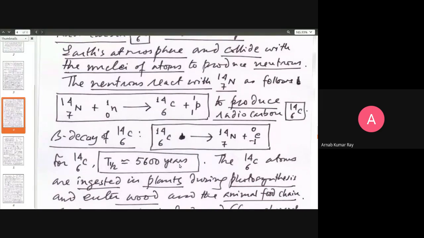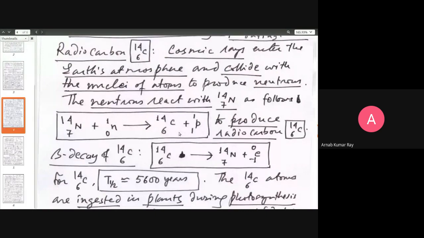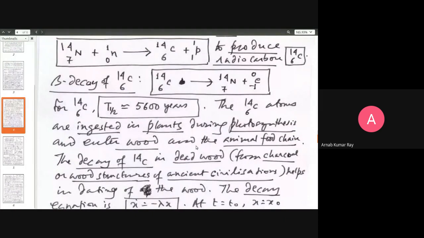So this point I'm clarifying again. Everything that is written over here is correct. Broadly, we don't have to worry too much about how cosmic rays produce the neutrons. The more important thing for us is the production of radiocarbon and then their subsequent decay. The decay is more important. And then I mentioned to you that all life forms are carbon-based.